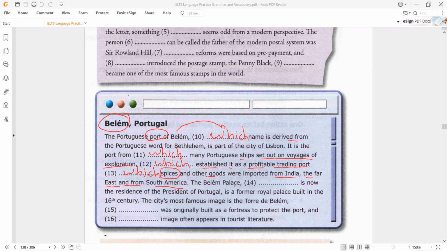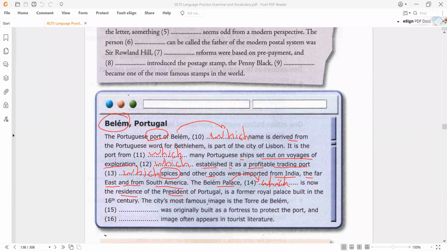The Belém Palace, number 14, which is now the residence of the President of Portugal, is a former royal palace built in the 16th century.